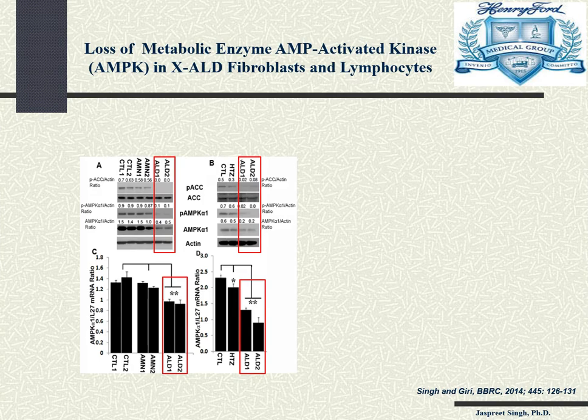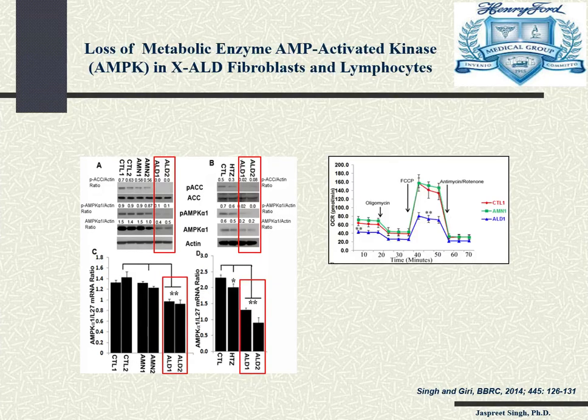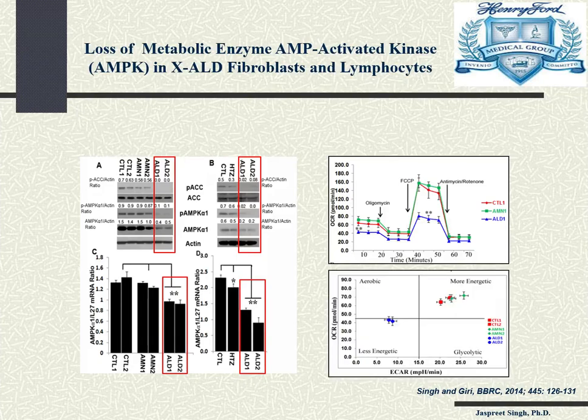So what we found, surprisingly, was that in fibroblasts and lymphocytes derived from XALD patients, this AMPK was significantly down. And the metabolic function, which was measured as well, the overall metabolic profile, was down in these ALD patients, but not in the AMN patients.